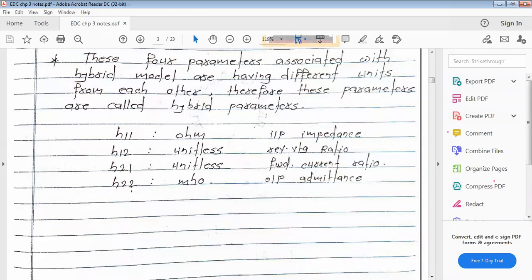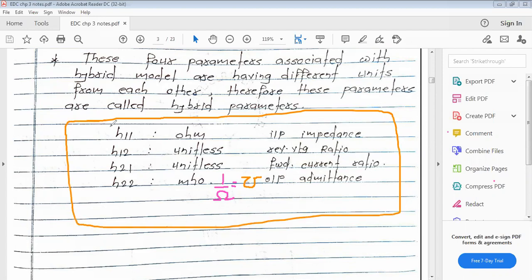And H22 is a conductance, or admittance, and admittance has the unit 1 upon ohm, which is also called mho. So these are the four parameters.